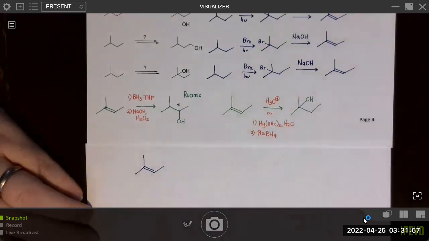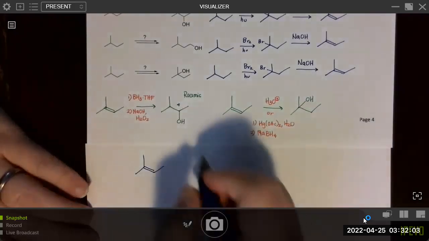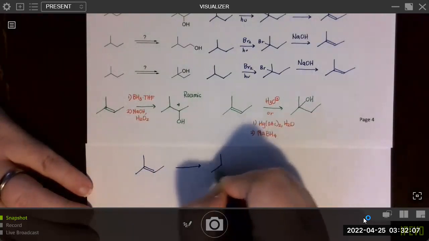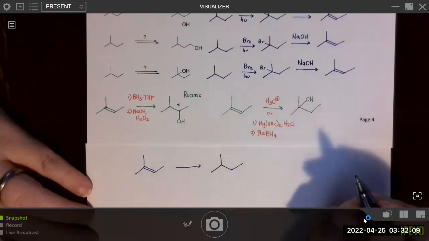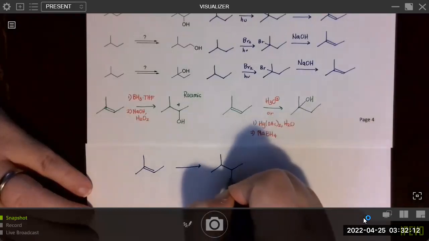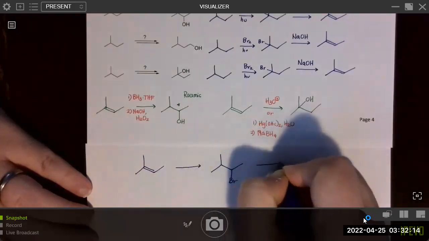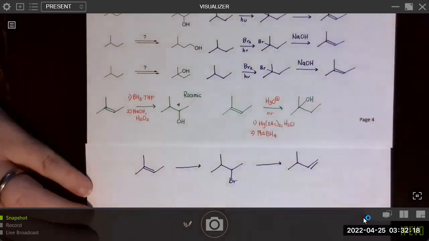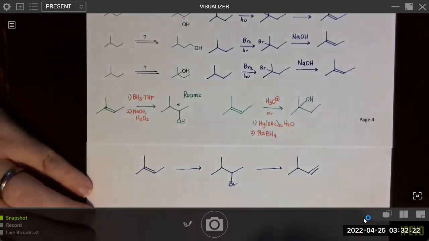A couple of different ways you could potentially do that, but I think we want to do an addition elimination sequence. If we can add in something that's a good leaving group, like a bromine, then we would be able to eliminate that good leaving group to form the alkene that's moved positions.